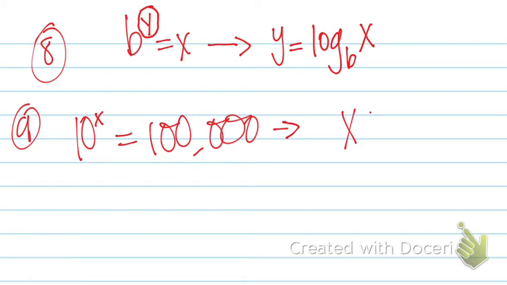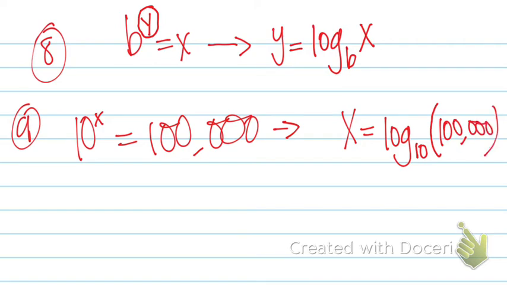X. X is in the same spot. Equals log base, not B, but Haley, what is my base? 10. 10 is correct. Times 100,000. Now, the reason I put parentheses around that 100,000 is because it's a lot of ones and a lot of zeros that are running together. I'm just separating it. Okay? You don't have to if you don't want to, but I'm just doing it for me.